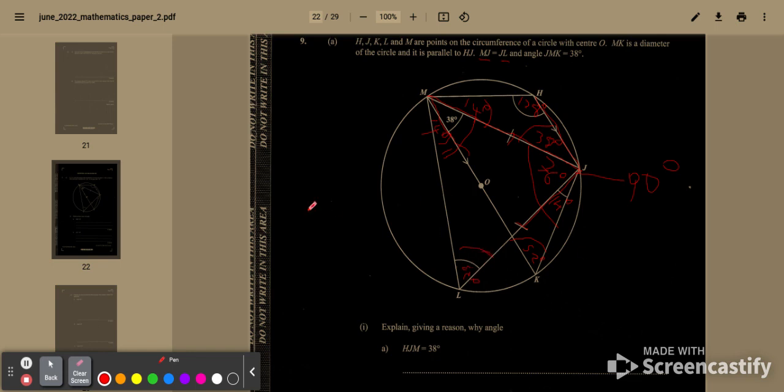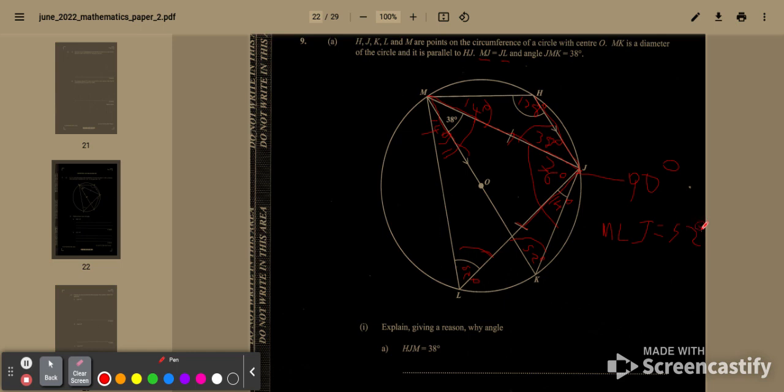And we said that MLJ was equal to 52 degrees. And the reason for that is because angles in the same segment are equal. So MLJ equals 52 degrees because angles in the same segment are equal.